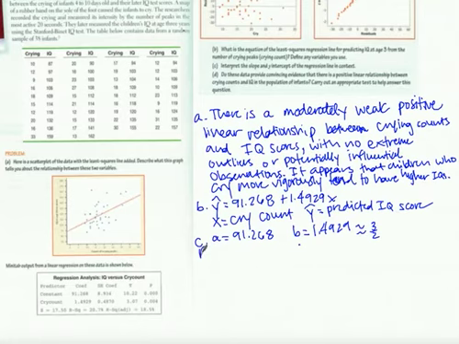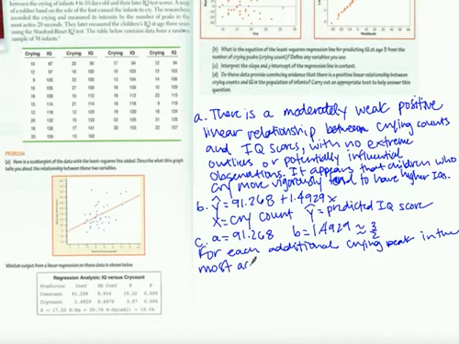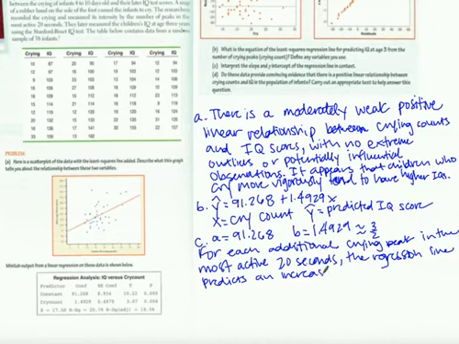So what this means is that for each additional crying peak in the most active 20 seconds, the regression line predicts an increase of about 1.5 IQ points. And this was for the slope.